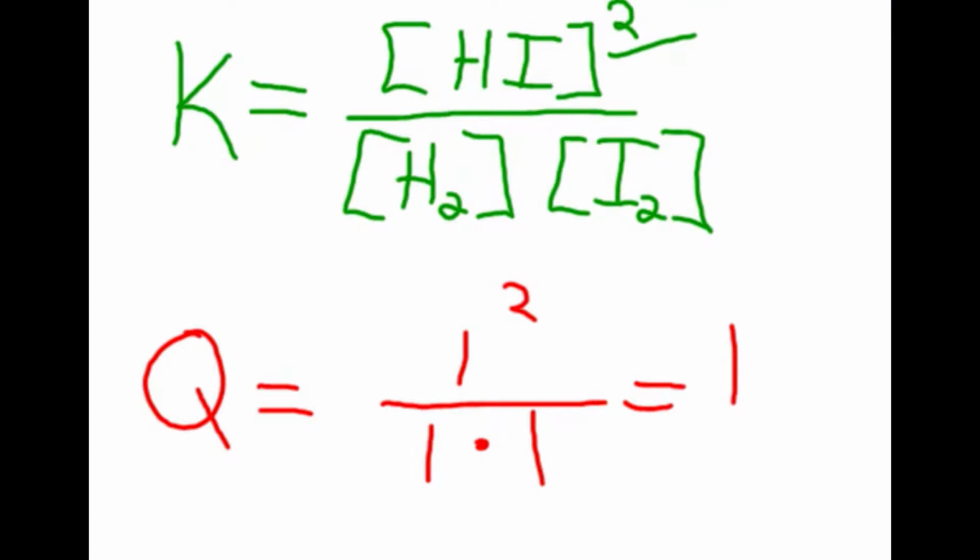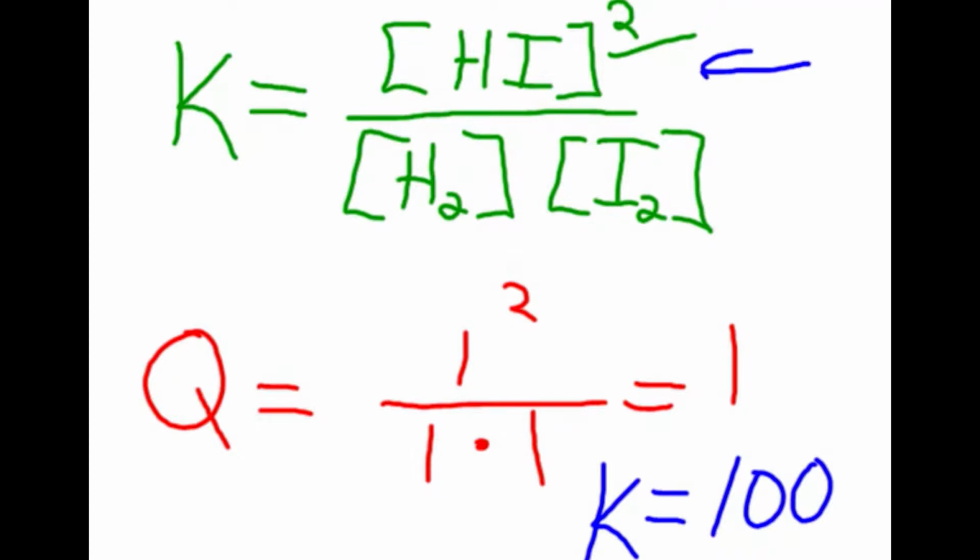Now, go back and look at the K value. K is equal to 100. Q is only 1. Does that mean we're at equilibrium? Of course not. How do I get that Q closer to K? How do I get that number bigger? How do I get it closer to 100? Well, obviously, I need to make the top number bigger and the bottom number smaller. And that will give me an overall bigger answer.